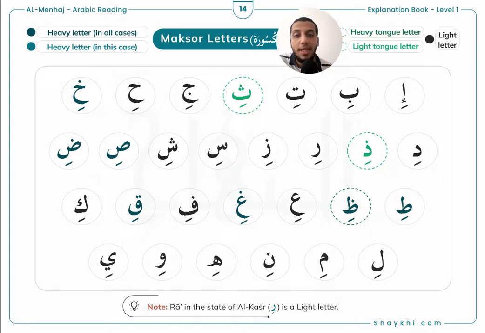Okay, so this is how to pronounce each letter in the state of Al-Kasr.